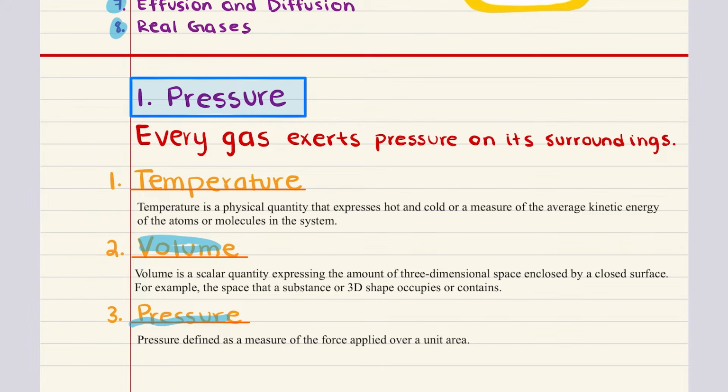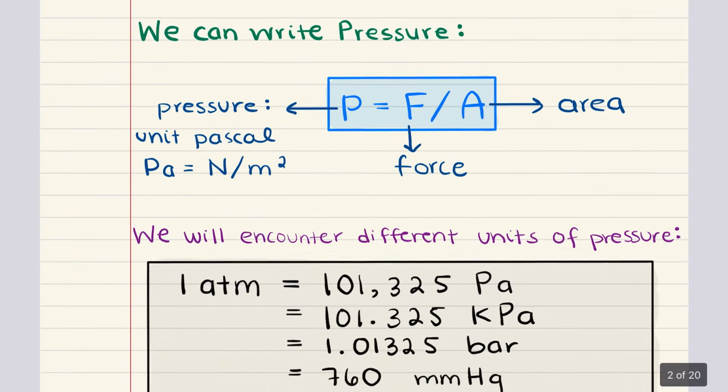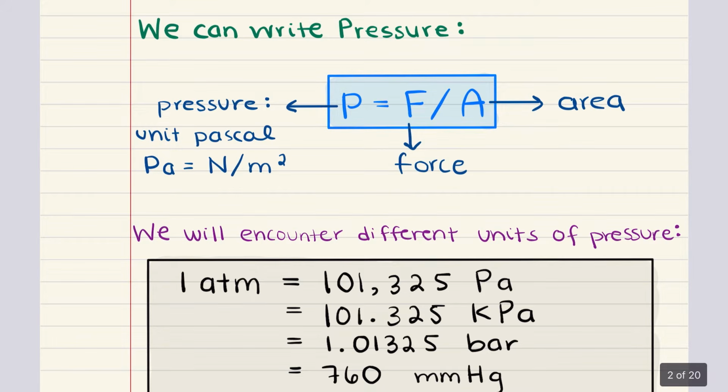Let's elaborate on this. Now, a gas is going to uniformly fill any container. It's easily compressed, and it's going to mix completely with any other gas. One of the most obvious properties of a gas is that it exerts pressure on its surroundings. So, for example, when you blow up a balloon, the air inside is going to push against the elastic sides of the balloon, and it's going to keep it firm.